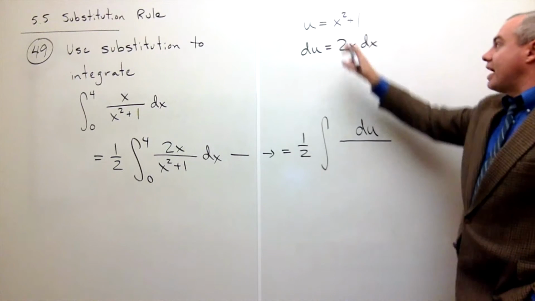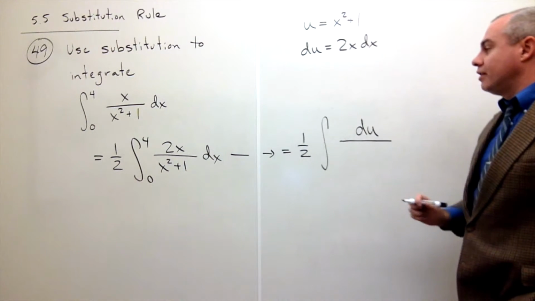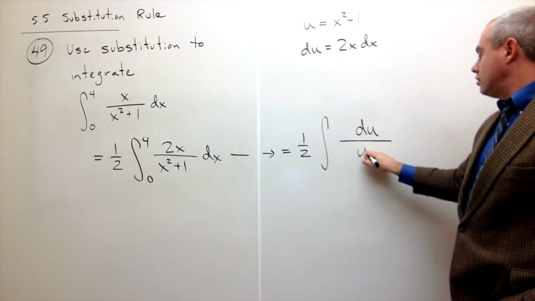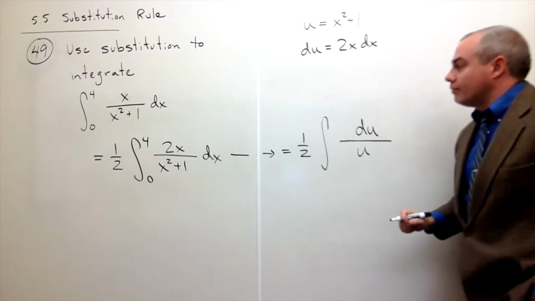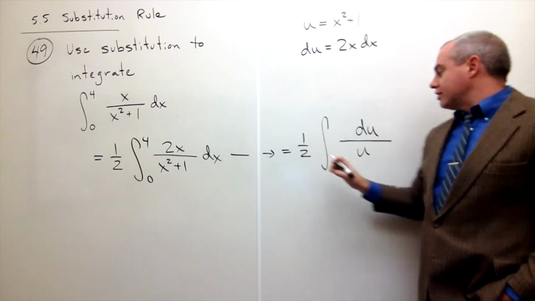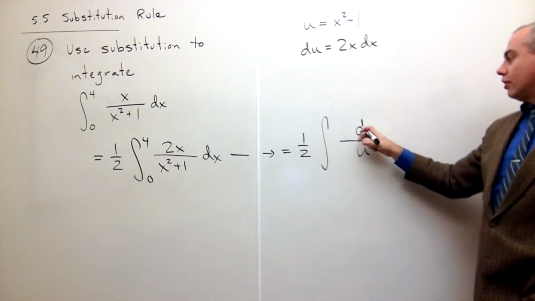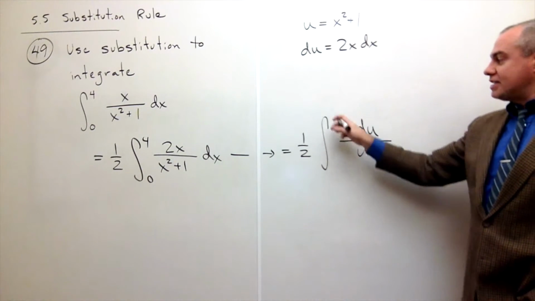And on the bottom I have x squared plus 1, which is just u. So my whole integral boils down to 1/2 times the integral of du over u.